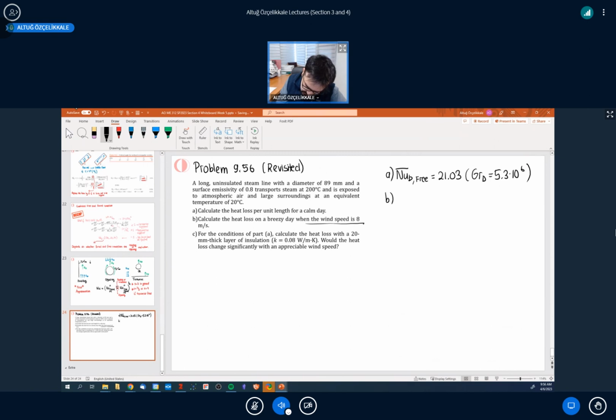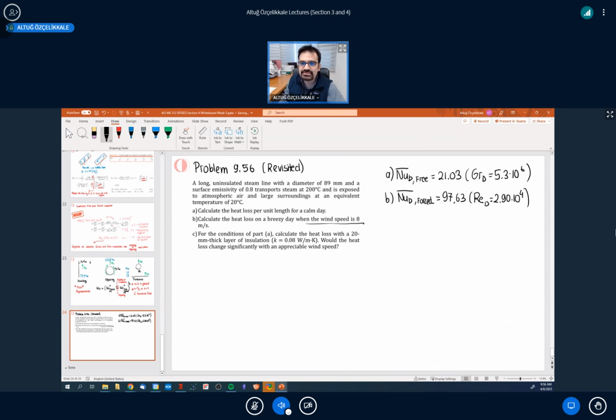In part B, we obtained the forced convection conditions of 97.63, and we calculated it based on our correlation from chapter 7 using a Reynolds number of 2.90 times 10 to the power 4. So we are being asked to calculate the combined effect, the Nusselt number, and we need to make an assumption.